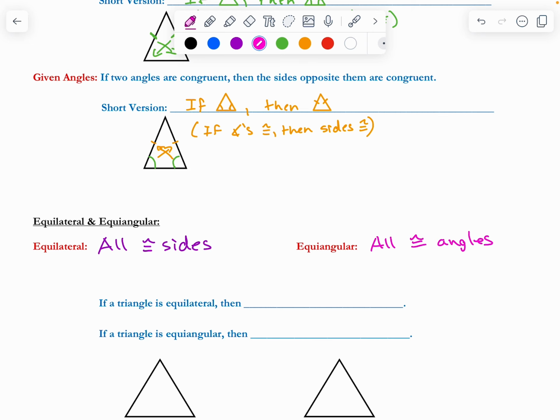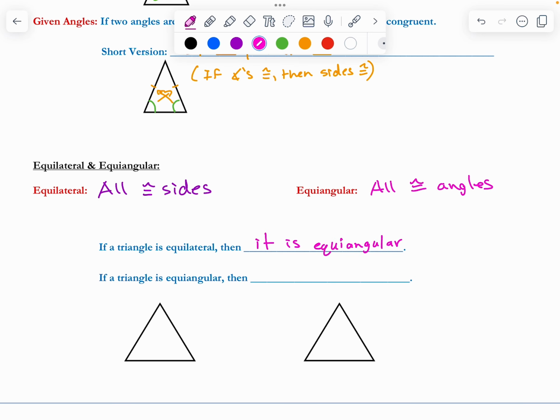If a triangle is equilateral, then guess what? It's also equiangular. And the converse is also true. If a triangle is equiangular, then it is equilateral.